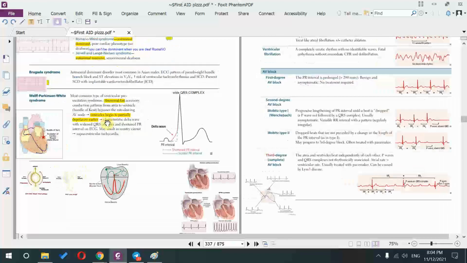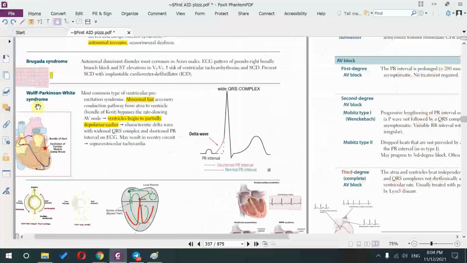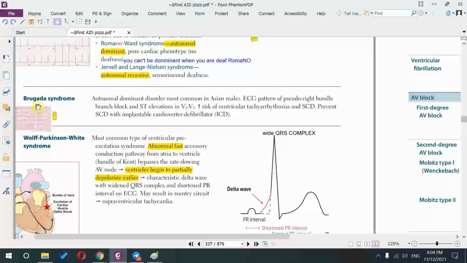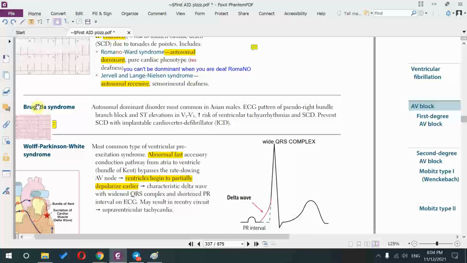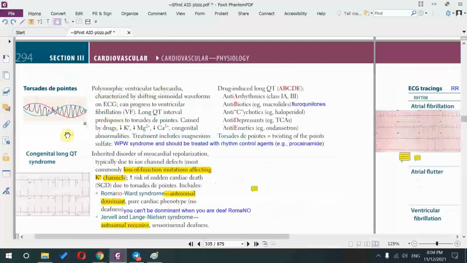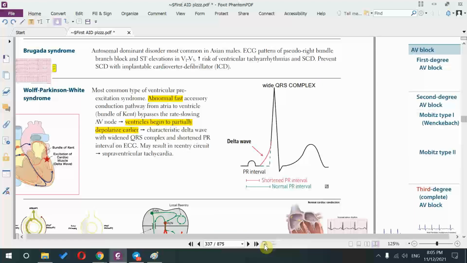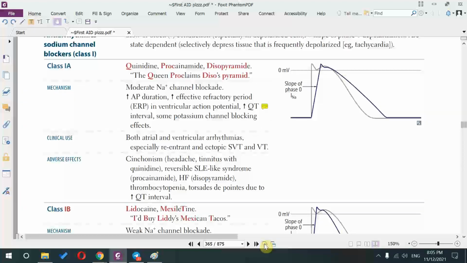Wait a second, let me see. I mean, okay, no, I think we are mistaken. No, it's procainamide. It's used for WPW, not the Torsades de Pointes. Wolff-Parkinson-White syndrome should be treated with rhythm control. Okay, yeah, that's Wolff-Parkinson-White, not this one. Anyway, okay, so let's just speak about this.